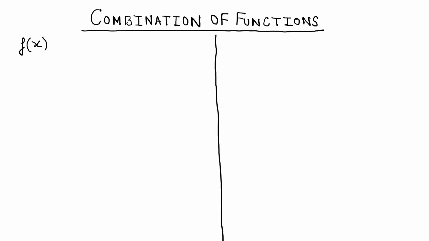So let us say there is a function f(x) that I have taken, which is formed with the help of two or more functions. Incidentally, we are taking only two functions here, and as I said, combination of functions is when you take two or more functions and you combine them with the help of mathematical operators.